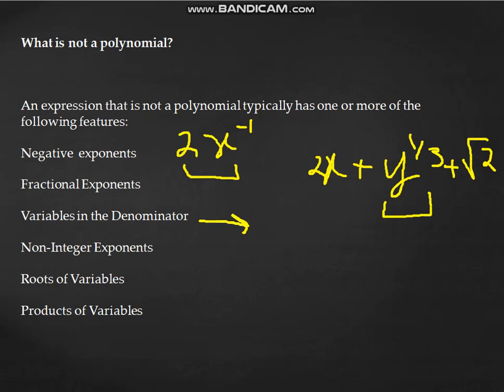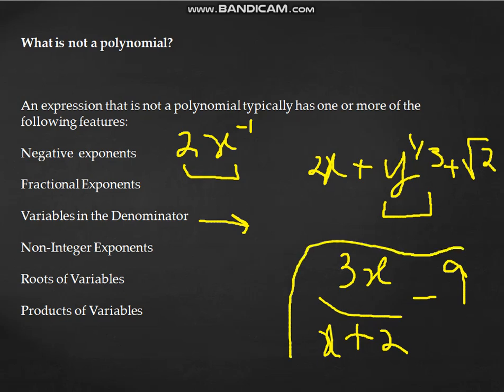Variables in the denominators. Let's see an example of that as well. If there is an expression like 3x upon x plus 2, and then suppose we subtract 9 from it, you can see in this whole expression that x plus 2 is in the denominator.